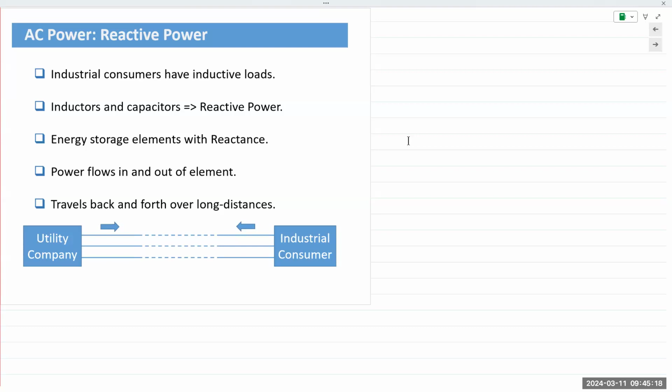Now, real power, when you're talking about DC, goes from the source to the load. It's a one-way transmission, right? And over long distances, a lot of this electrical power is lost as heat. The overhead electrical lines that we see actually dissipate a lot of heat. If you think back to chapter 1, the resistance of a material is rho L over A. It is directly proportional to the length.